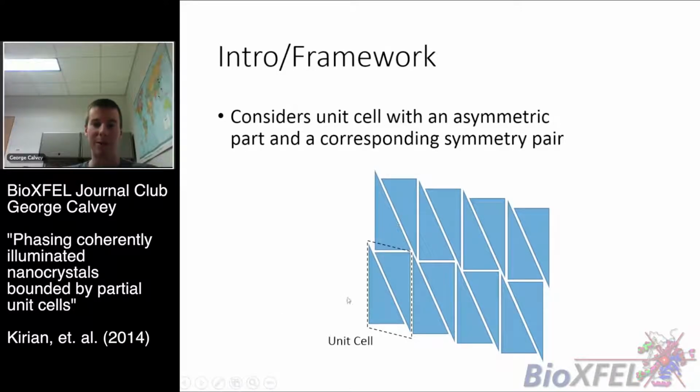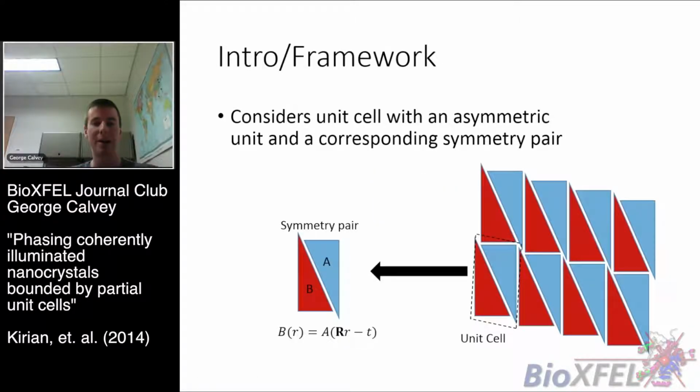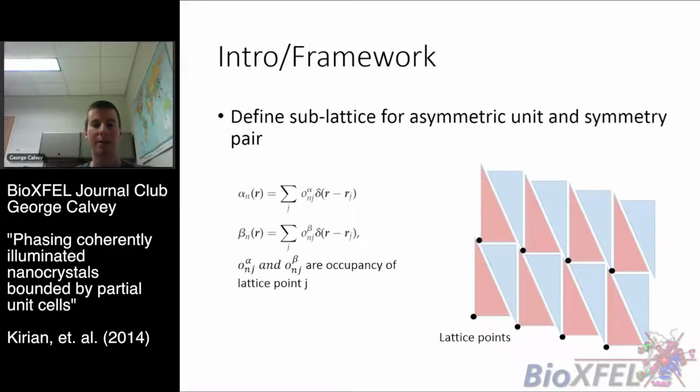You can see the crystal and the unit cell in the box. You could break this unit cell into two parts, an asymmetric part, which is A, and then its symmetry pair, which is related by a rotation and then a translation. You can build up the sublattice for this crystal for each the asymmetric unit and the symmetry pair by just defining the occupancy for each lattice point.